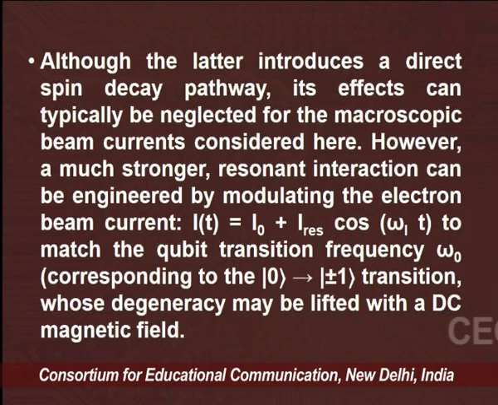However, a much stronger resonant interaction can be engineered by modulating the electron beam current, which can be defined by I(t) = I naught + I_res cos(omega t), to match the qubit transition frequency, that is omega naught.